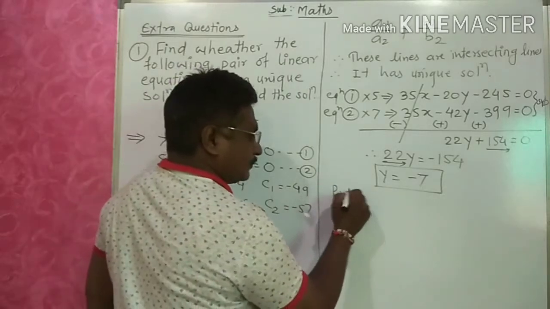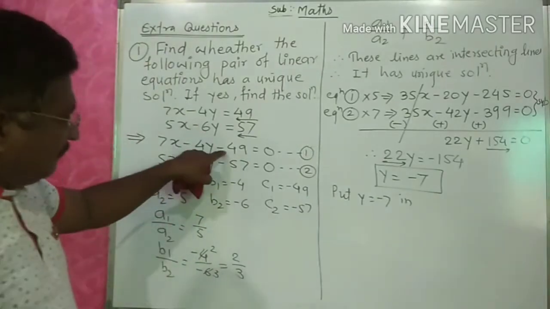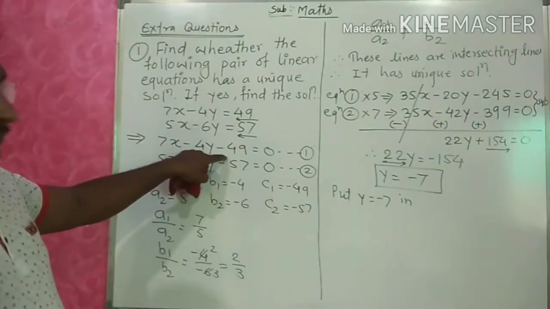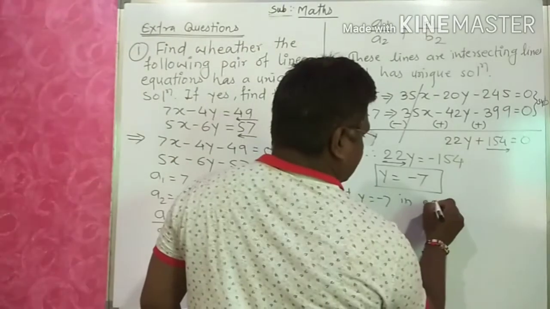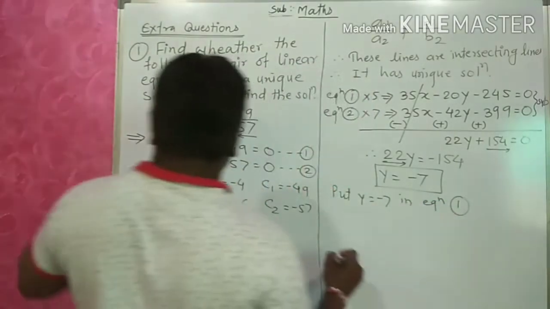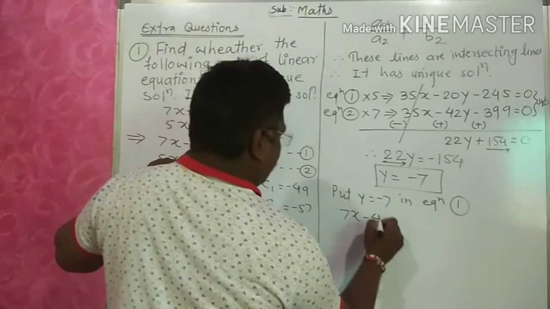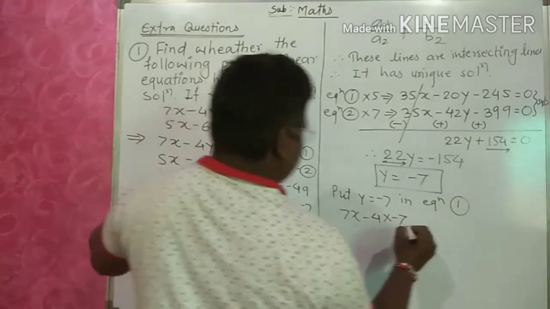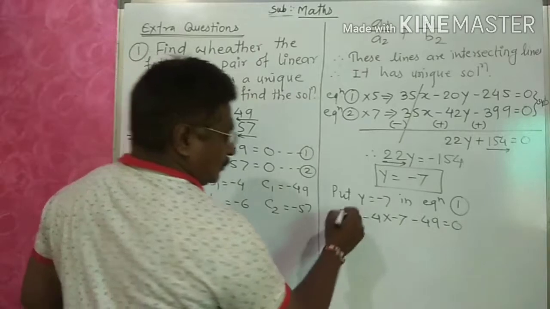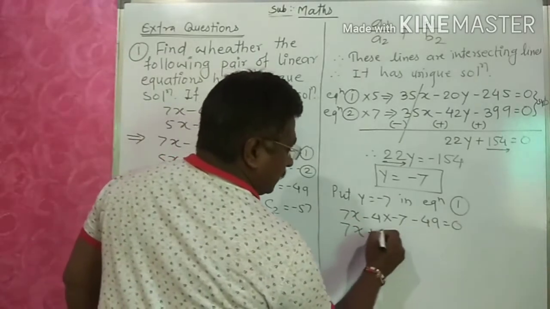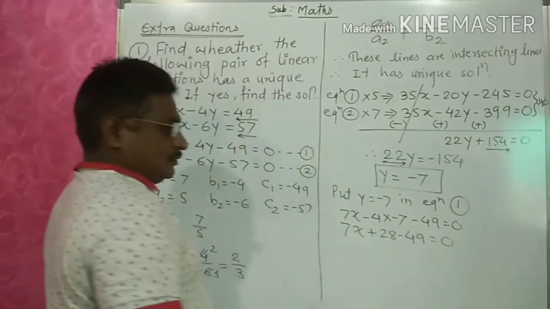So put y equals to minus 7 in any one of the equations, equation 1 or equation 2. So in equation 1, what will we get? 7x minus 4 into minus 7 minus 49 equals to 0. So 7x plus 28 minus 49 equals to 0.